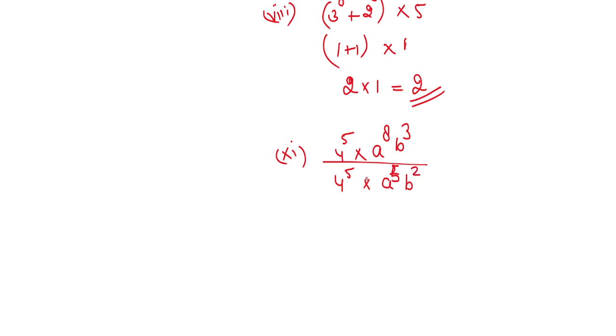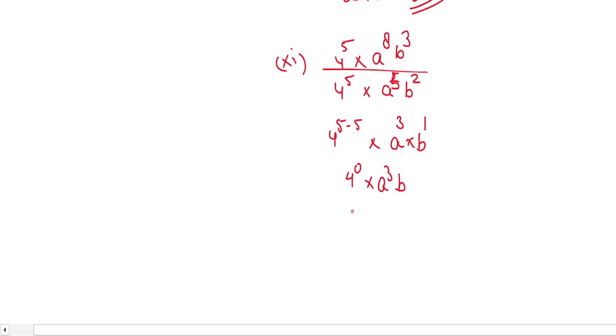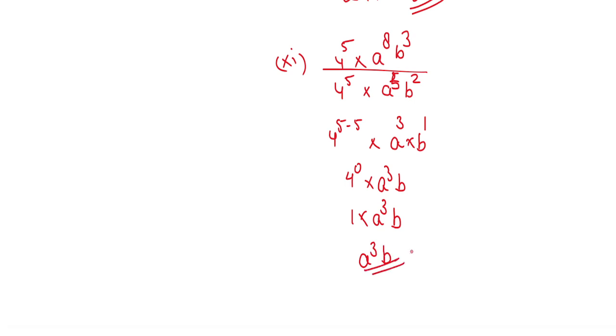Because there is a division, you have to subtract the powers. So 4 raised to 5 minus 5, a raised to 8 minus 5, that is 3, b raised to 3 minus 2, that is 1. So 5 minus 5 is 0, a cube and b, and if there is a 0 power, then it is 1. 1 multiplied by a raised to the power 3 b. So the answer is a cube b.